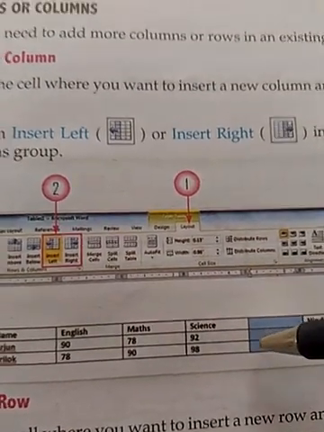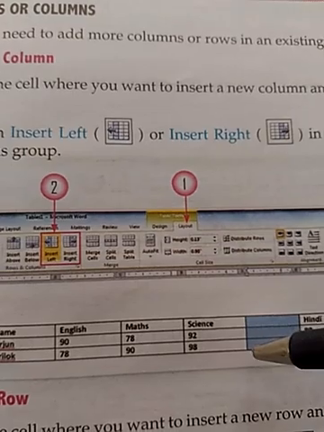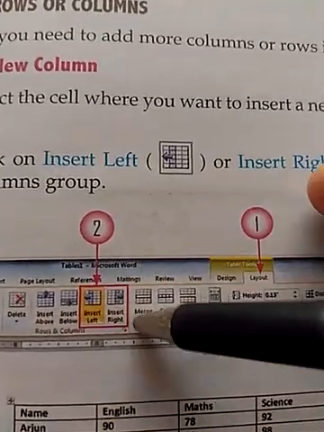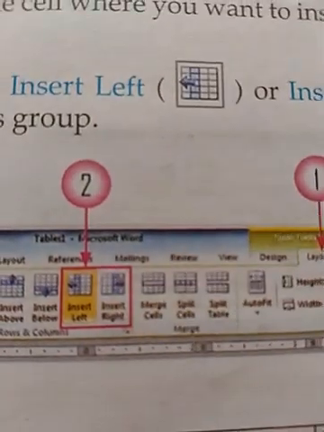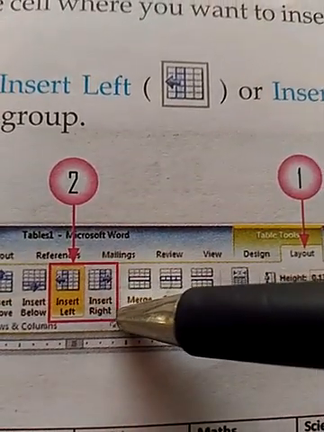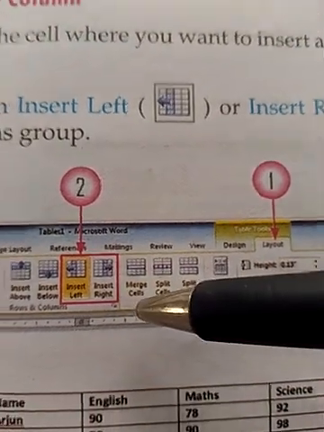In the same way, if you want a new column on the right side of the selected column, click on Insert Right. You will get a column on the right side. So how to remember this?